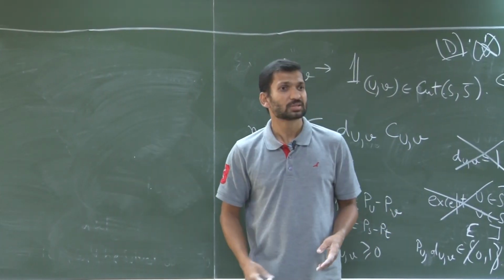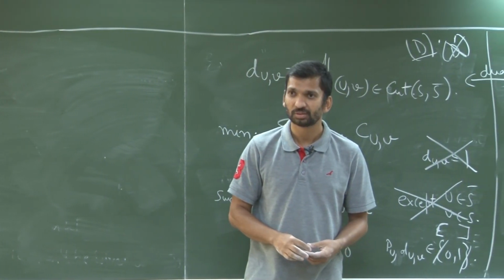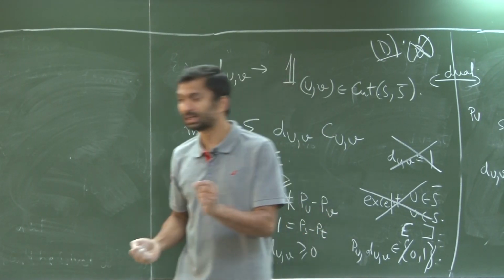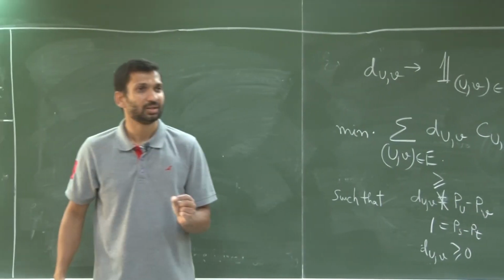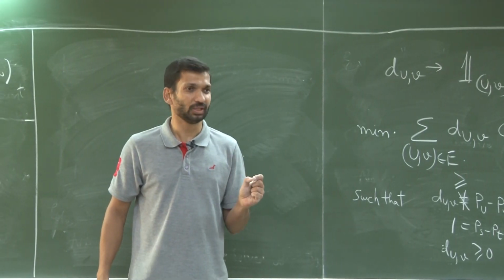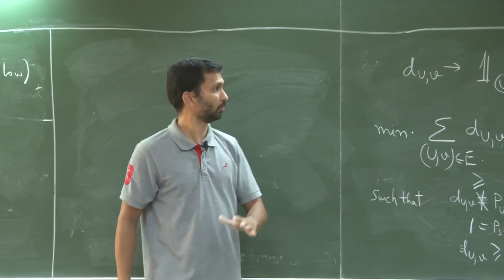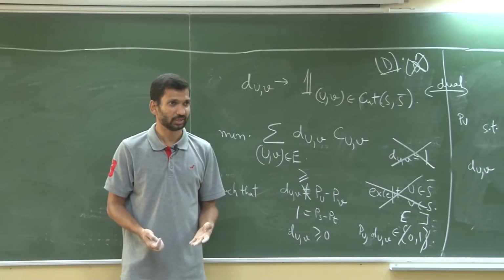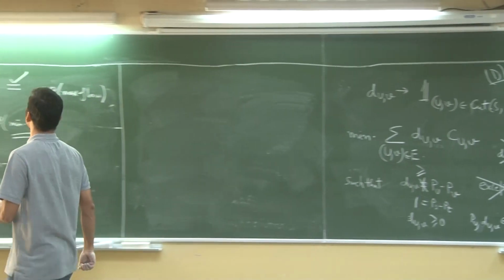So let me prove this. Once I prove this, then we will see the consequence of it, right? But once again, a very simple property will be very helpful. What is generally easy for primal and dual? Weak duality, right? So what does weak duality tell us?